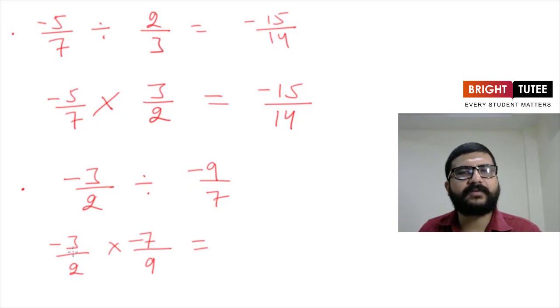Now this will be equal to minus 7 into minus 3, this will be 21 upon 2 into 9, that is 18. So the answer is 21 upon 18. So here we have seen, if we have to divide two rational numbers, we multiply the first rational number with the reciprocal of the second rational number.